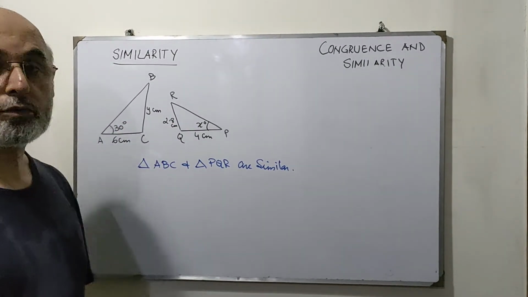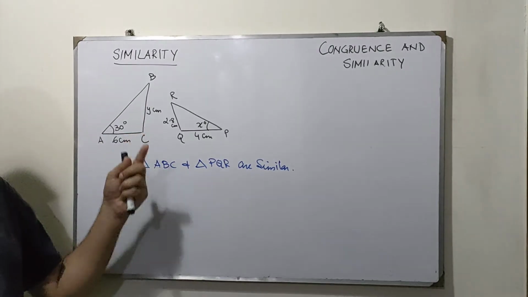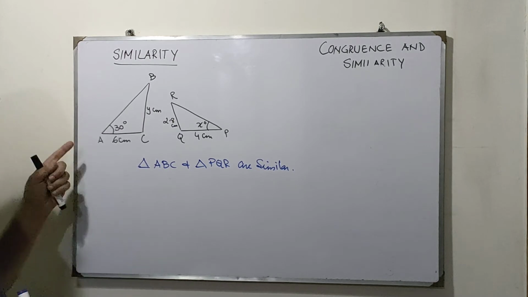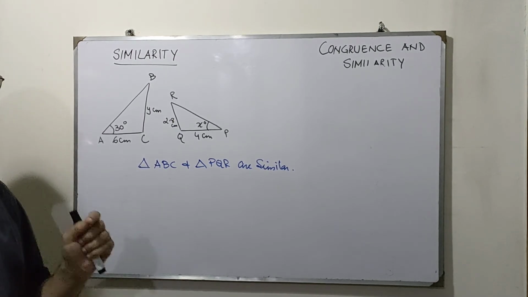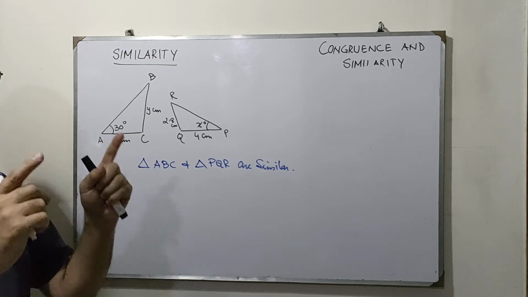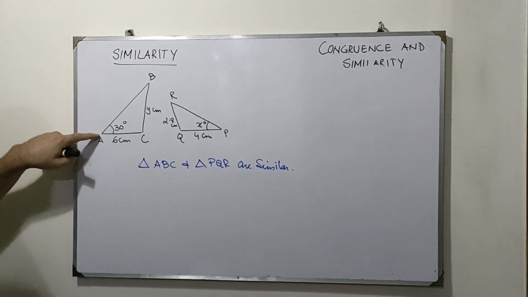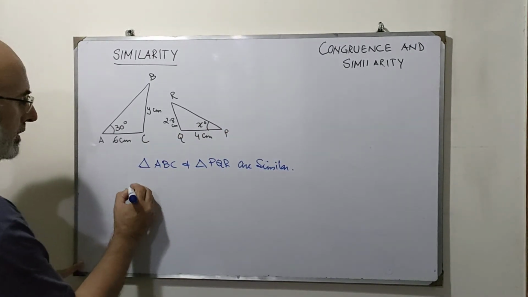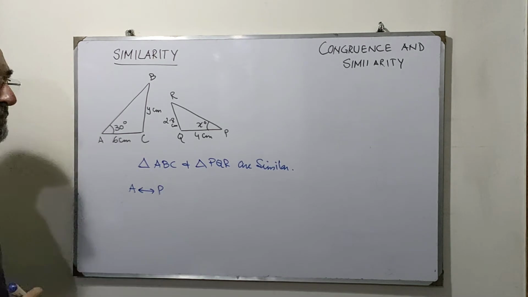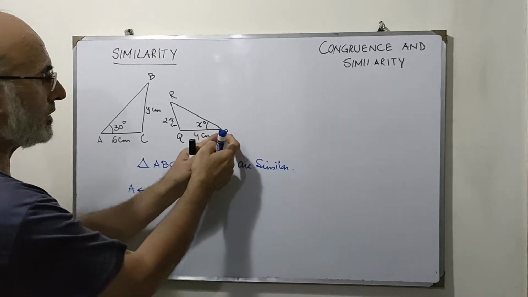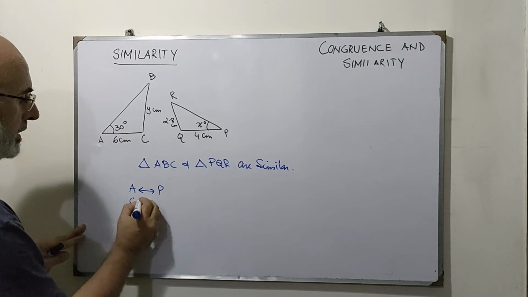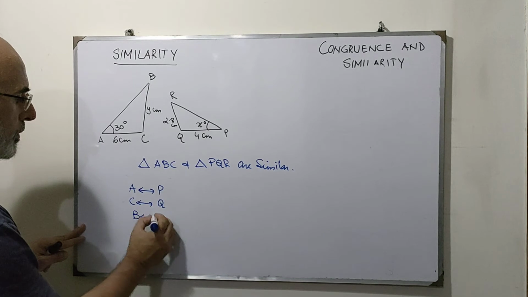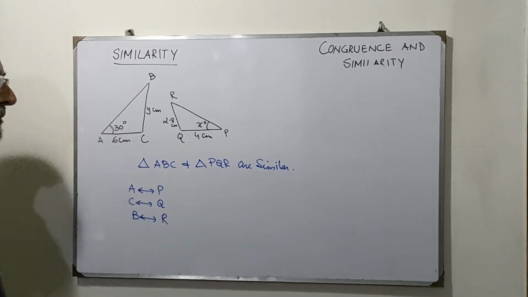For the unknown side, we're going to compare the ratios of the sides. First, let's see which vertex is corresponding with which vertex. We have an angle on A and on P, so A is corresponding with P. Similarly, C is corresponding with Q, and we are left with B, which corresponds with R.